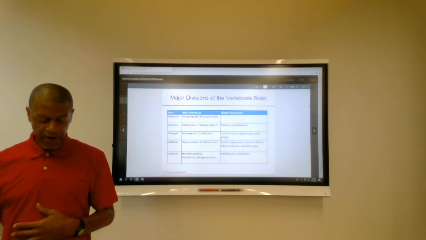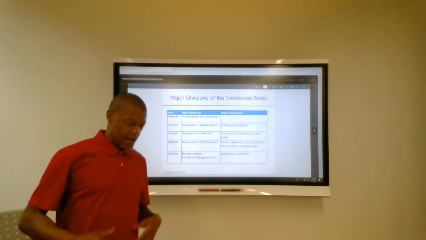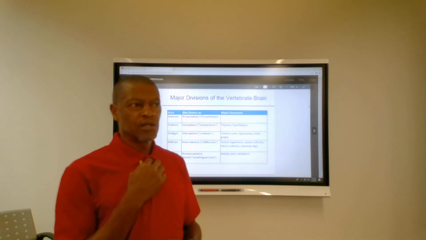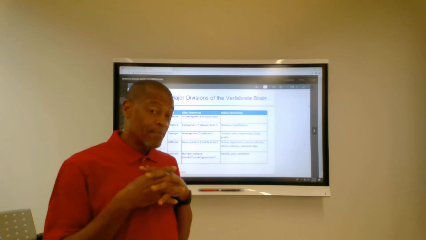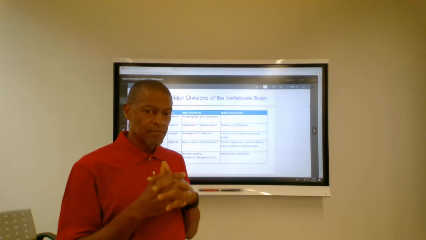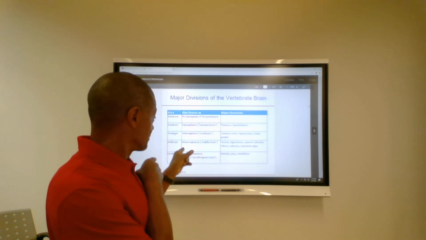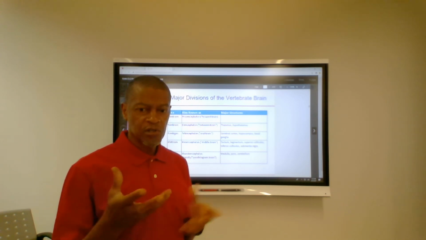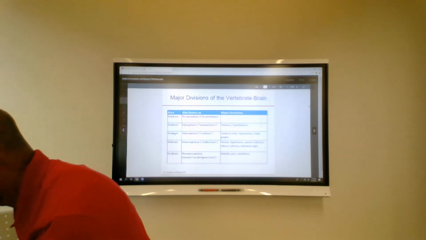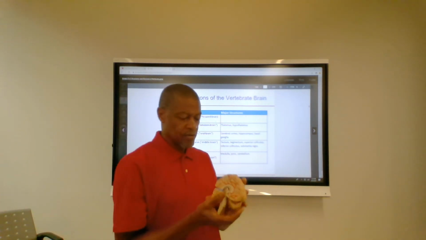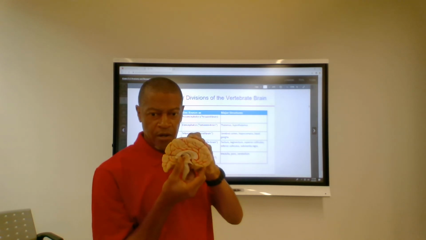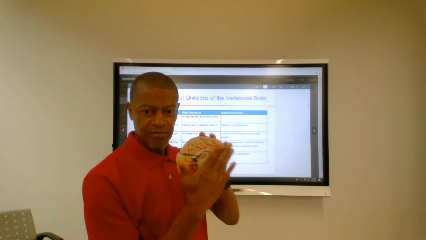So, when you break down the brain and look at lower animals compared to us, and you look at divisions, you have a hindbrain, a midbrain, and a forebrain. So most lower animals have the hindbrain. If you looked at the brain, there's a sagittal section of the brain.